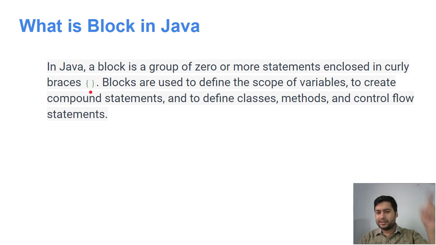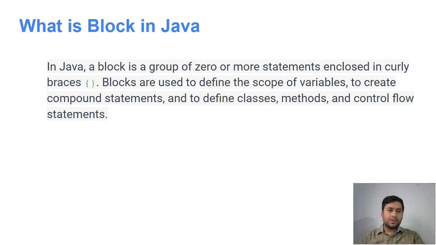Anything captured inside these curly braces is called a block. Blocks are used to define the scope of variables, to create compound statements, and to define classes, methods, and control flow statements.